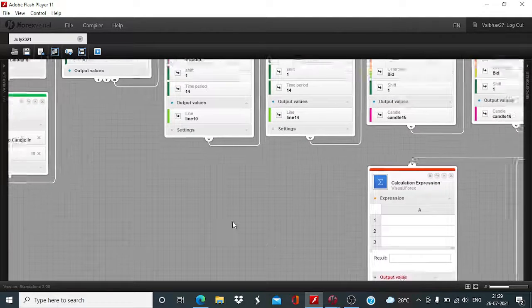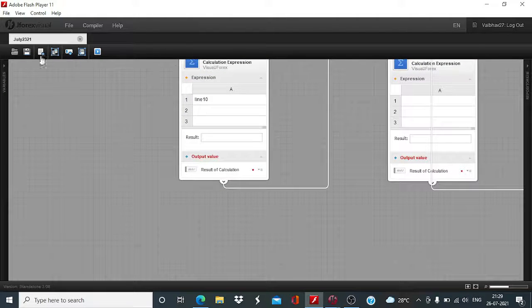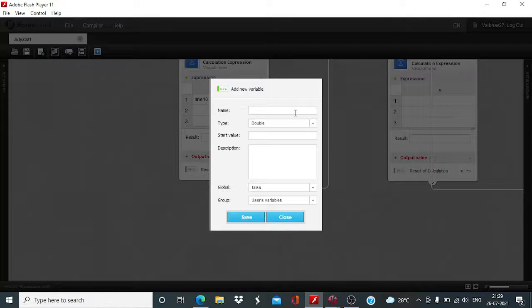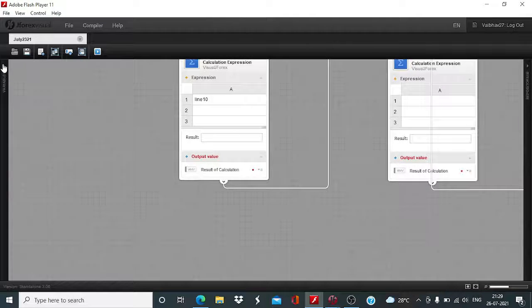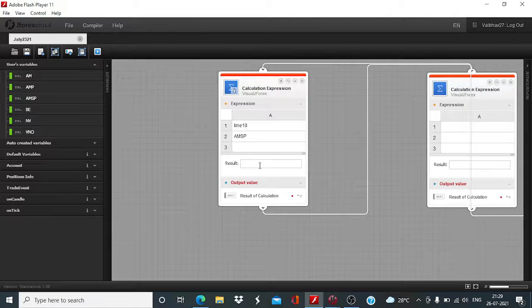Whatever is the 4-hourly ATR, we are going to take half of it. So I need to create a new variable with the value of 0.5, and add it to this calculation expression block. And now we have to do A1 into A2.